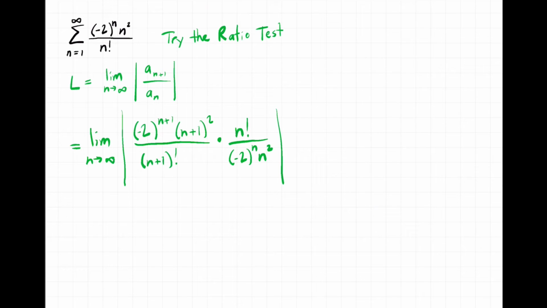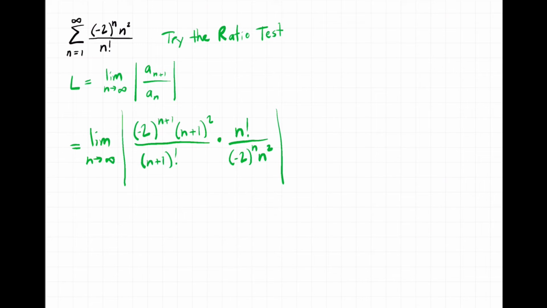This is a pretty common trick to use when you're doing the ratio test. So there's really three components to the expression that forms the terms of this series. We have the exponential part, the negative 2 to the n. We have the polynomial part, the n squared. And we have the factorial part, n factorial. And because we had a_{n+1} over a_n, each of those parts is going to give us a factor on the top and a factor on the bottom. And what I'd like to do is group those all together.